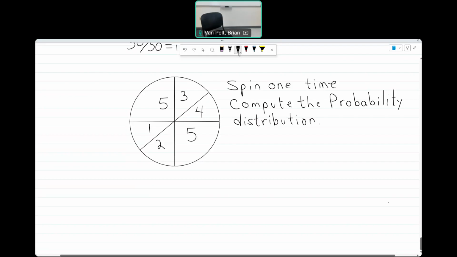So what are the things that you need in a probability distribution? You need all of the outcomes and you need all of their probabilities. So let's start with what are all the possible outcomes I can have here? What are they?